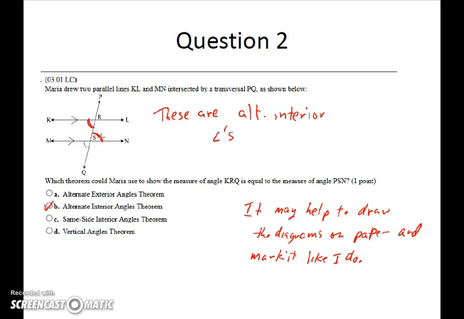But these are clearly alternate interior angles. Make sure that you remember what corresponding angles, alternate interior angles, alternate exterior angles, same side interior angles, same side exterior angles, vertical angles, straight angles, and adjacent angles are. Make sure that you know all of those things. All right, let's go to question 3.